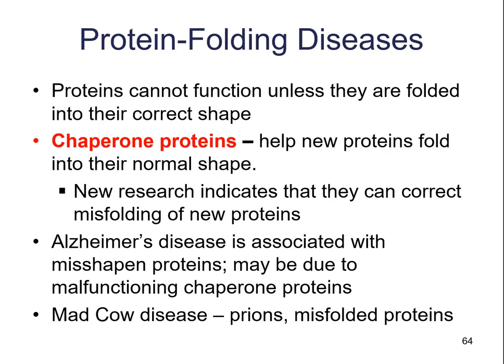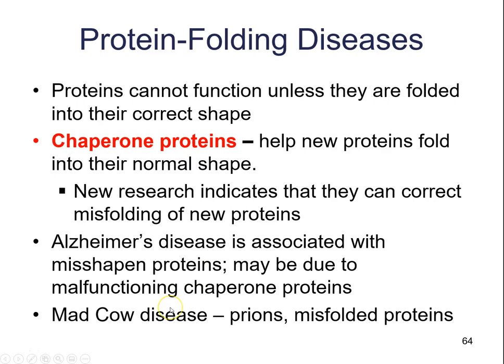So if you have a problem with chaperone proteins in general, it's going to affect every other protein in the cell, and then a whole bunch of proteins wouldn't be able to be folded correctly. And so it says here, new research indicates that they can correct misfolding of new proteins. The point is that chaperones help new proteins fold.